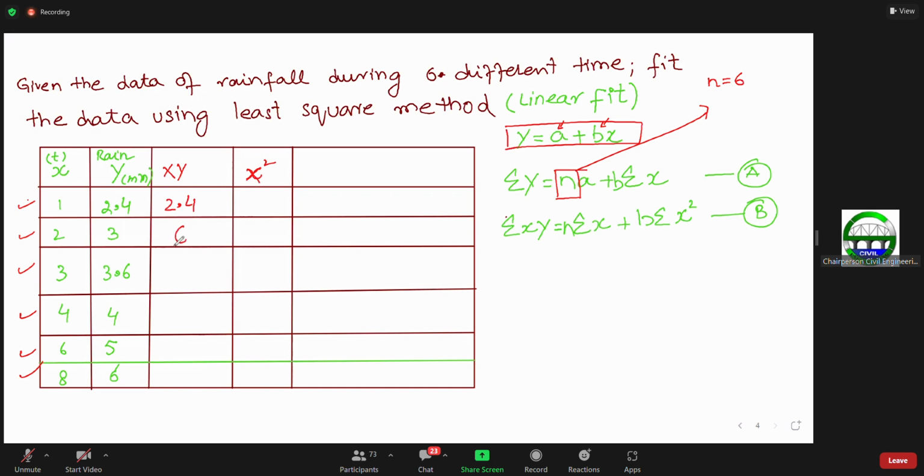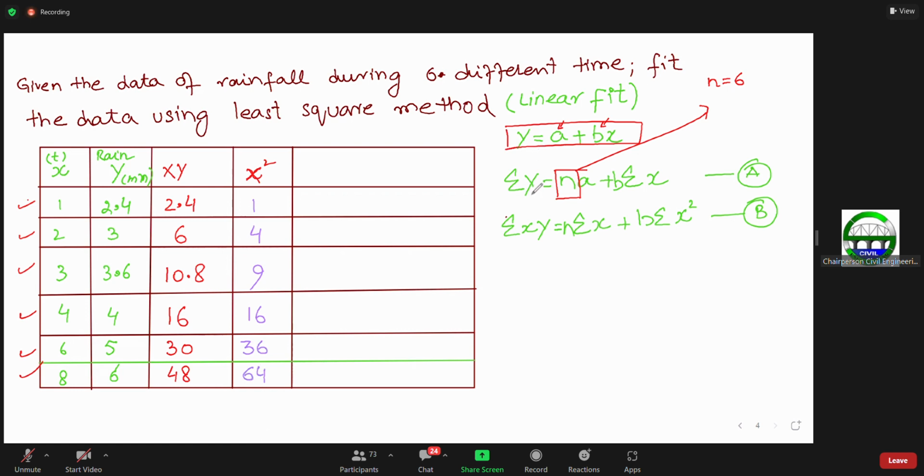Then 6. Then 3 multiplied by 3.6 is 10.8. Next is 16, 30, and 48. Then x squared: 1 squared is 1, 2 squared is 4, 3 squared is 9, 4 squared is 16, 6 squared is 36, and 8 squared is 64.